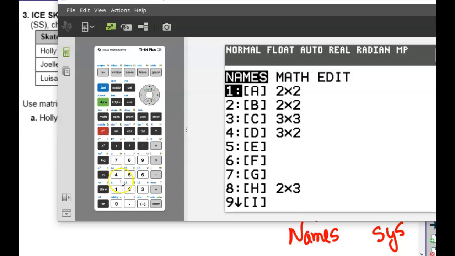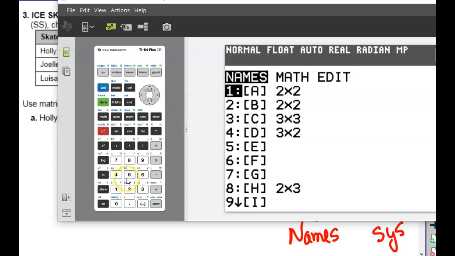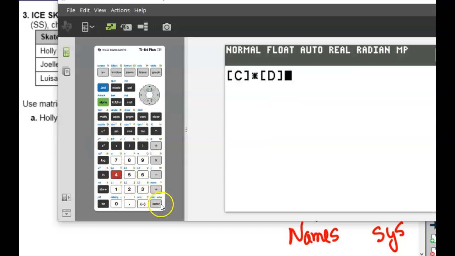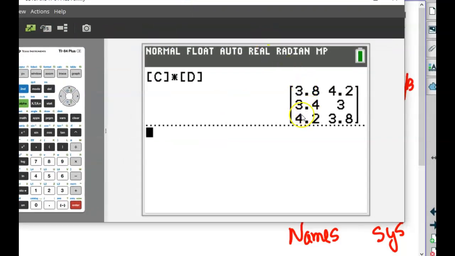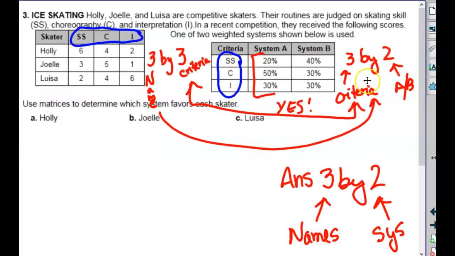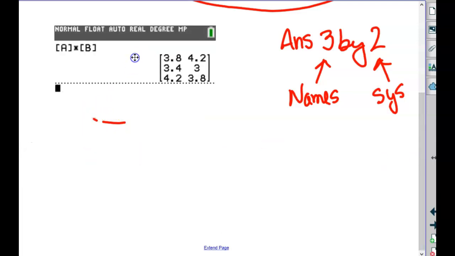So I'm going to multiply the name of C times D, wherever you put them. Anybody else getting those numbers? Okay. Hidden down here in the magic is the answer matrix.